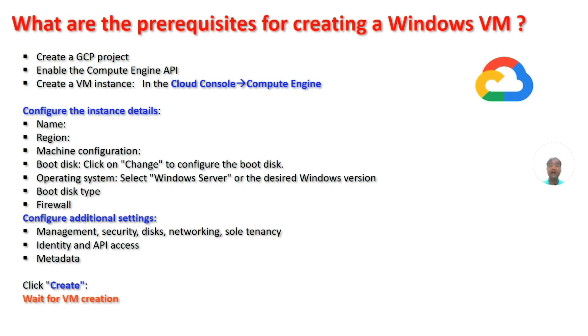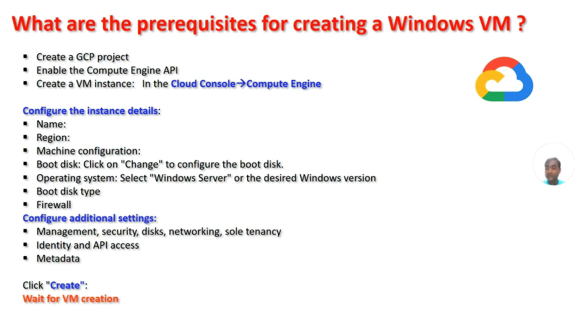A project acts as an organizational unit within GCP and helps you manage and organize your resources. You can create a project through the Google Cloud Console. Enable the Compute Engine API for your respective project. This allows you to interact with the Compute Engine service programmatically and through the Google Cloud Console.